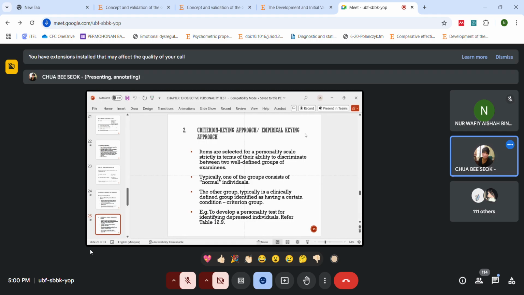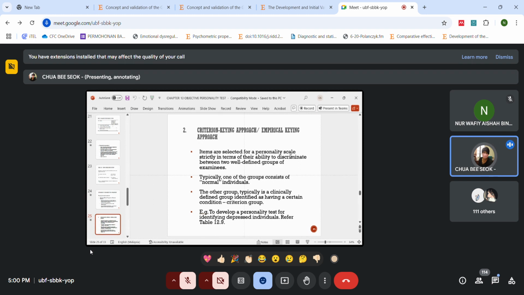Another method is empirical. Empirical means that after you develop the items, as we discussed last week, you have to collect data to see whether the items can be used or not. Then, based on the data, you do the analysis. You can test whether the item can measure by using two different groups. Let's say you develop a personality test to measure abnormal personality.